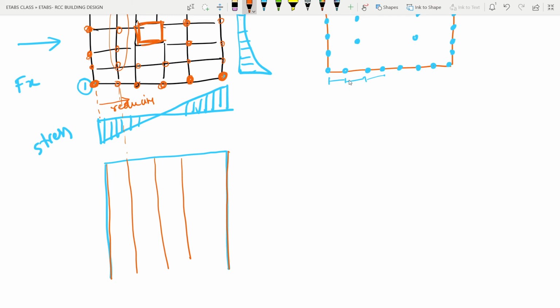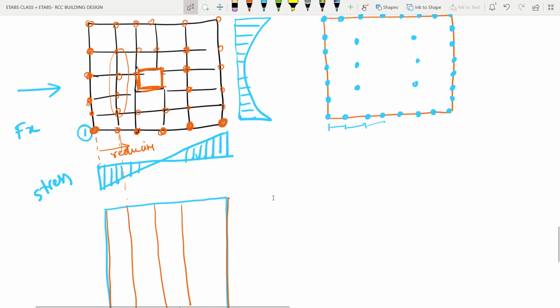And here, as we are having columns at the very outer periphery, what will happen? This column, it is a frame. This column, it is a frame. This column, it is a frame.